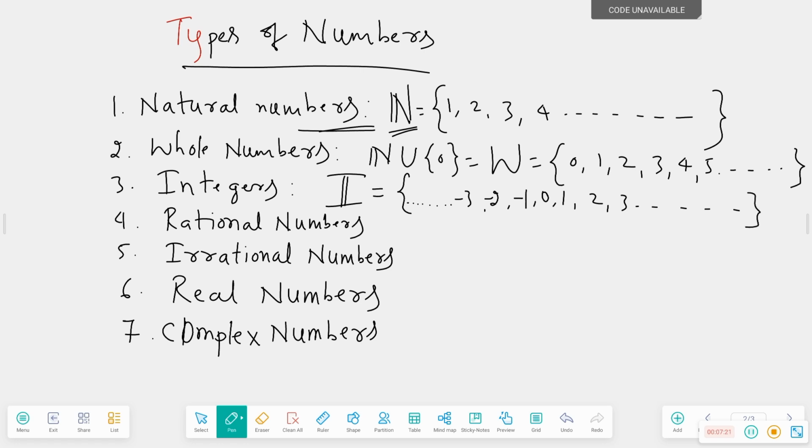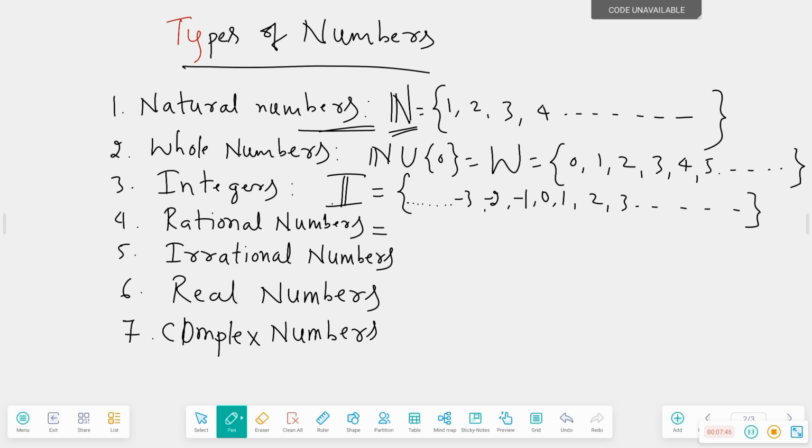See, these come under the set of integers. The integer set includes 0, natural numbers and negative natural numbers.